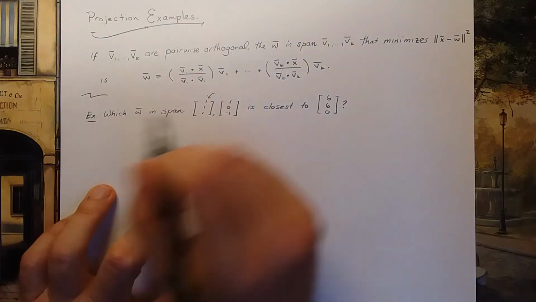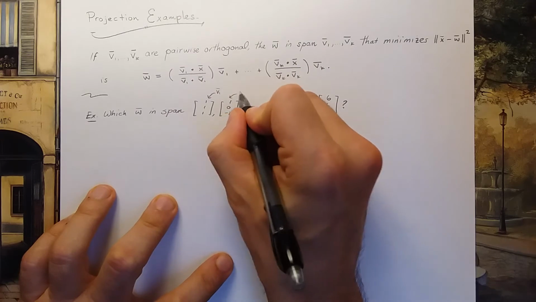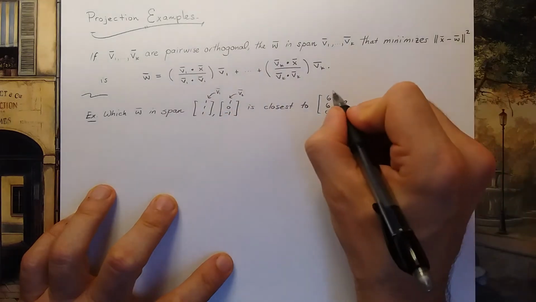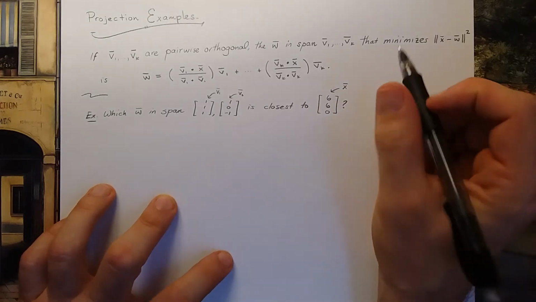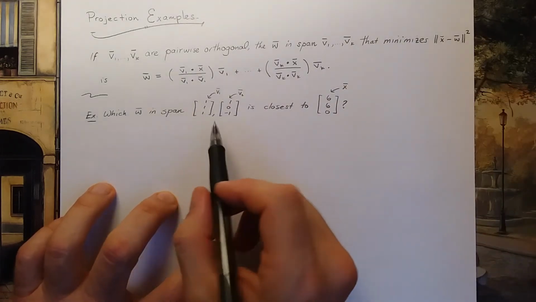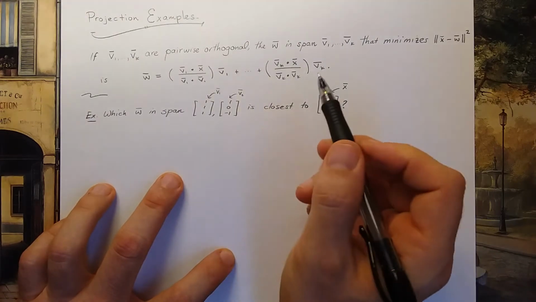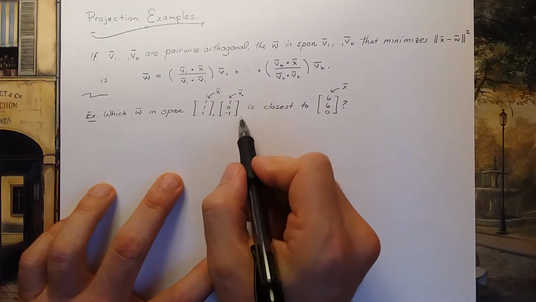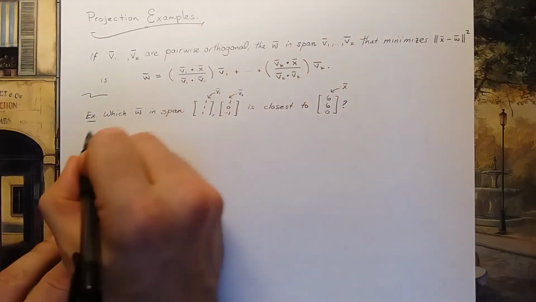This first vector is maybe the vector v1, this second vector v2, and this is the vector x. I'm lucky in this example because the dot product of v1 and v2 is 0. So they're already orthogonal. So the answer is immediate.